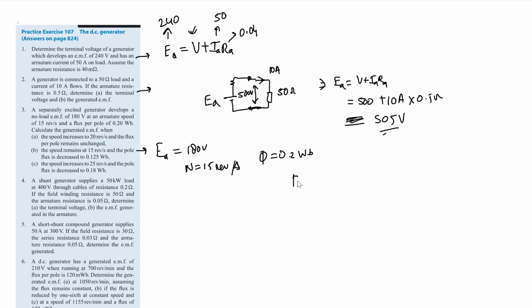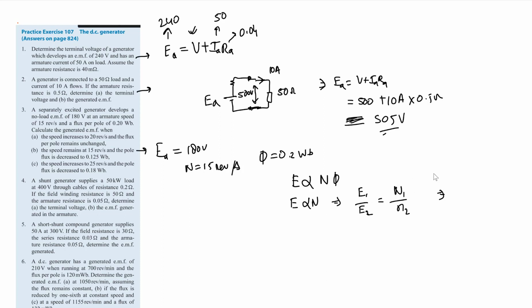So we already know E is directly proportional to N into phi, and here phi is constant, so E is directly proportional to N. So we can write E1 by E2 is equal to N1 by N2. E1 is the EMF corresponding to the N1 speed.